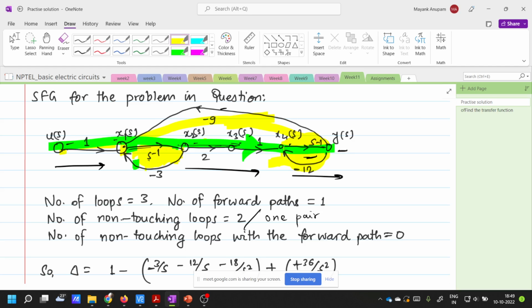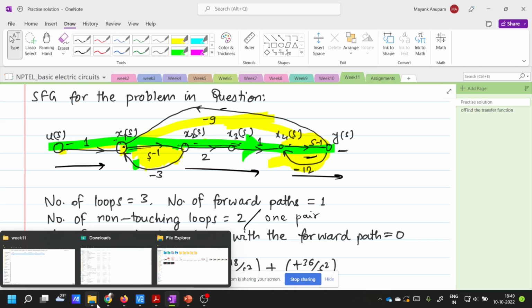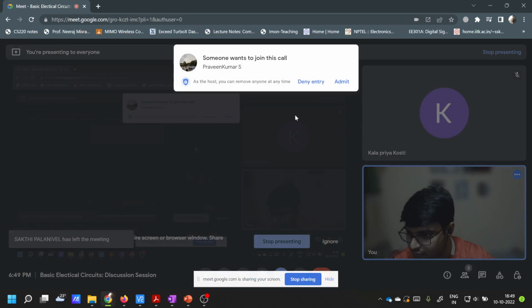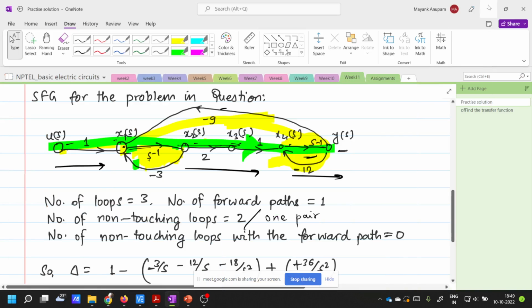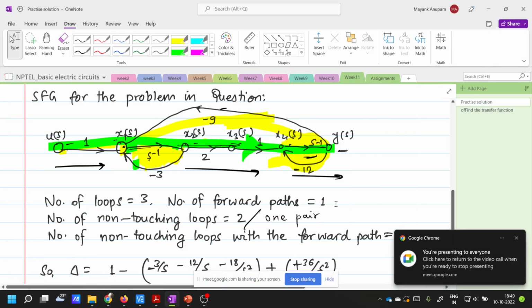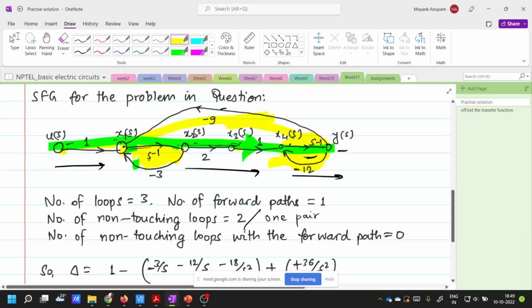Similarly, x4 and y are part of this loop as well as part of this forward path. Similarly, this big loop here contains x1 to x2, x3, x4, then y, and then back at x1.